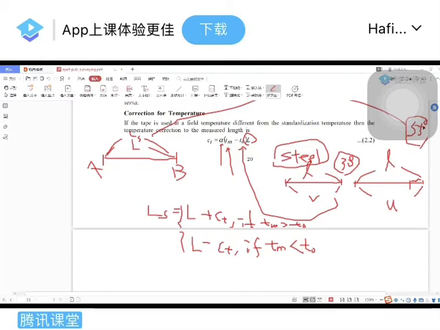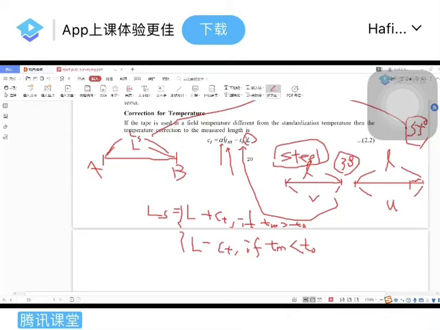Like I said, when the temperature is higher, it will become longer. You underestimate because this one already becomes too big. The reality is supposed to be this short, so you can have more V. With even more V, in reading you have more error over here as well.